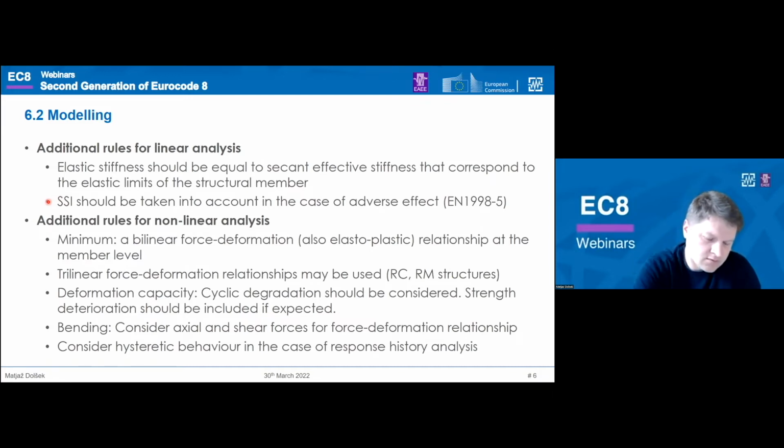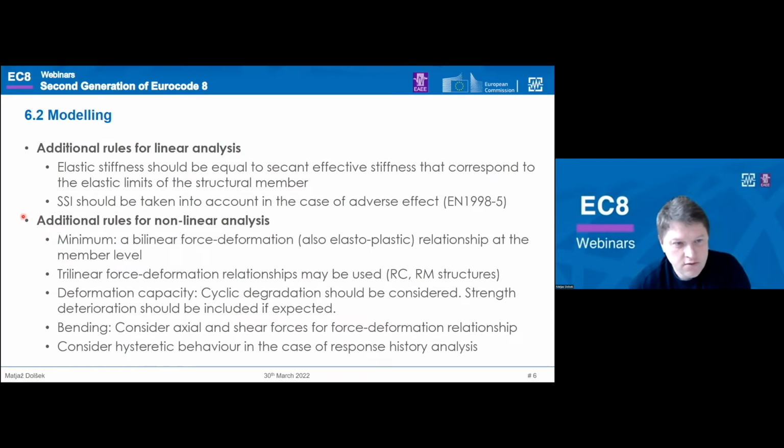Also in part 1-2, it is described that if there is no precise analysis, the secant stiffness can be based on a moment of inertia reduced by 50%.